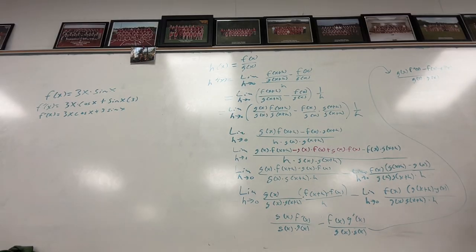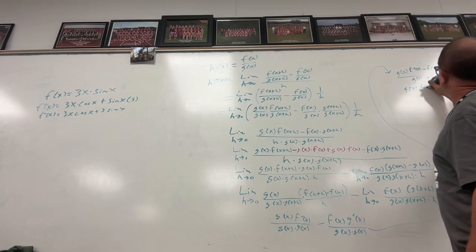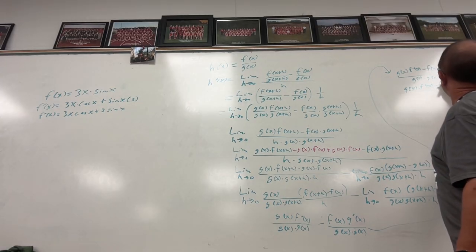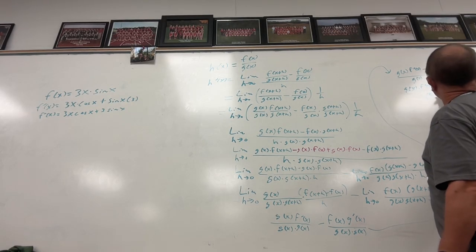And what is g of x times g of x? G of x squared, right? So we get g of x times f prime of x minus f of x times g prime of x, all over g of x squared.